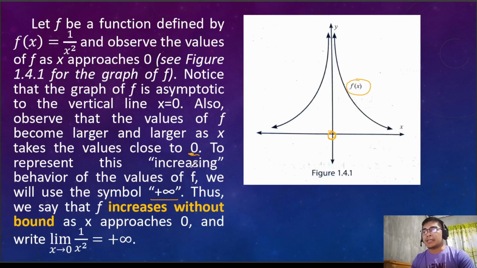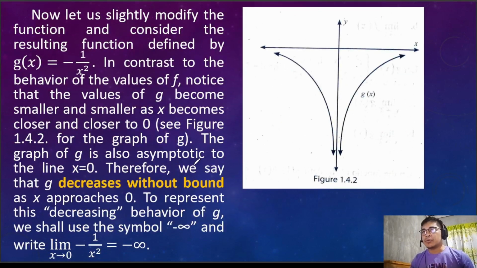Thus, we say that f increases without bound. So f increases without bound, without limit. So it continues as x approaches 0, and it can be written as limit of 1 over x squared as x approaches 0 equals positive infinity.